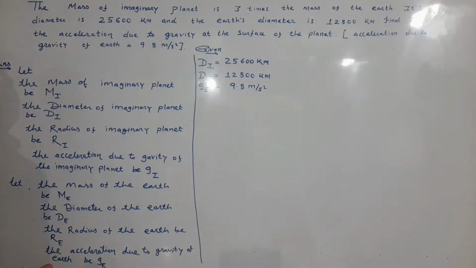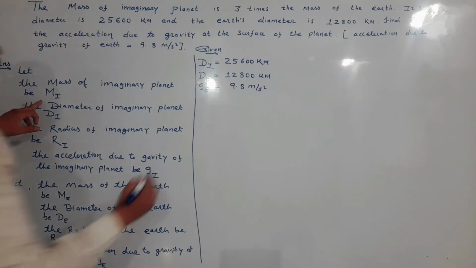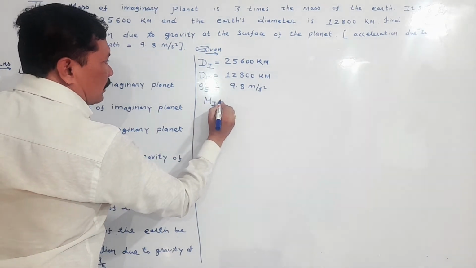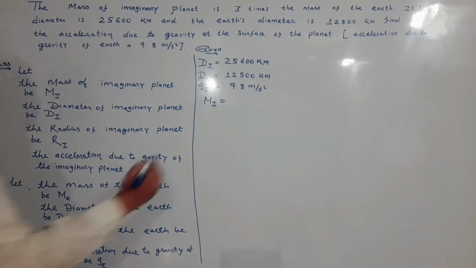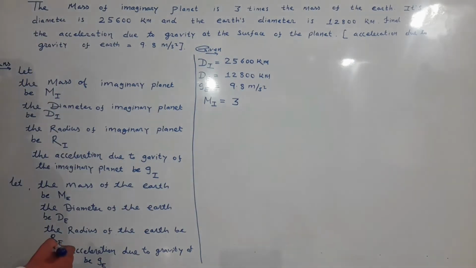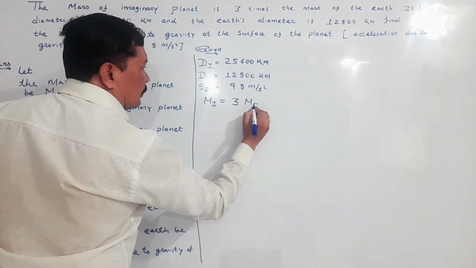Here, my dear student, a condition is given to us. The mass of imaginary planet, that is Mi, is equal to 3 times the mass of Earth. So we can write Mi is equal to 3 times the mass of Earth, that is Me.